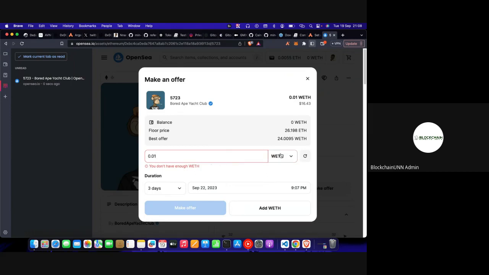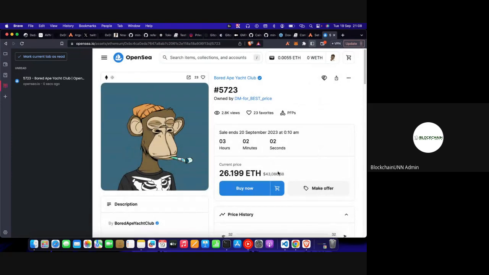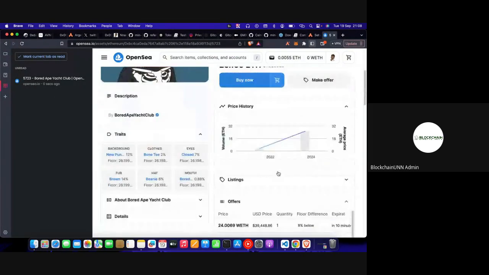Of course, I don't even have 0.01 in my wallet, but you can make whatever offer you want to make. And probably after a particular number of days, if that's the best offer the owner feels he can get for his NFT, he could sell it even if it's below or above his listing price.